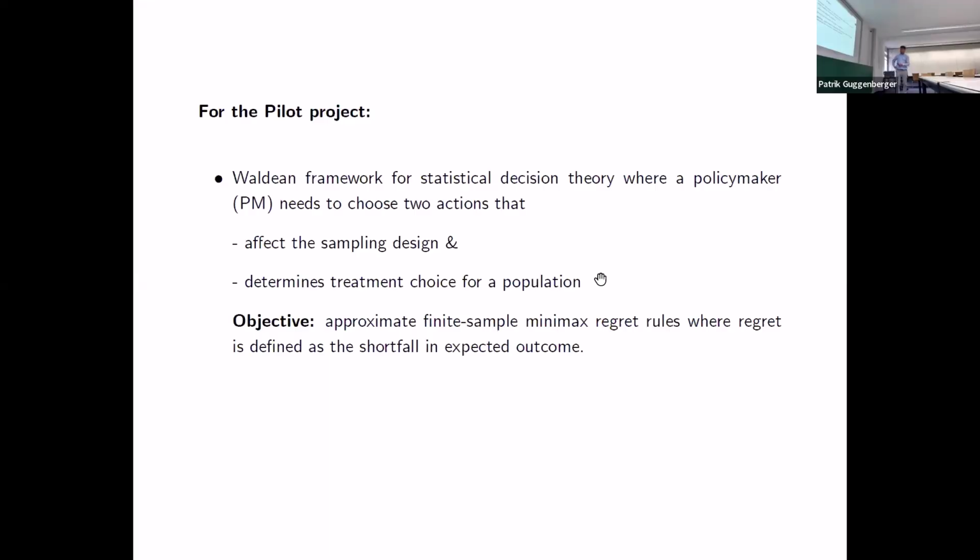And the objective is to approximate finite sample minimax regret rules, where regret is defined as the shortfall in expected outcome. As I said, I'll define all these concepts in great detail. Shortfall means you're comparing the highest expected outcome that could have been reached by the optimal decision versus the one that you're getting using the treatment rule that you are applying.